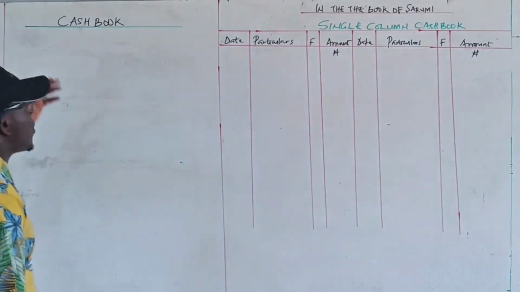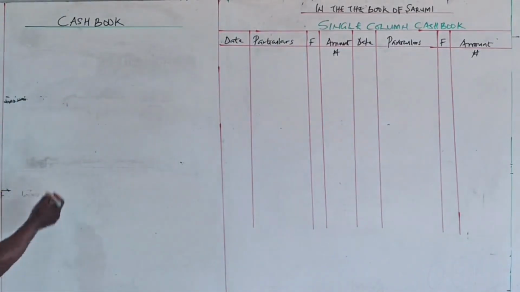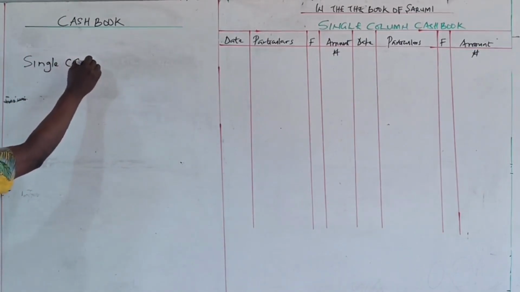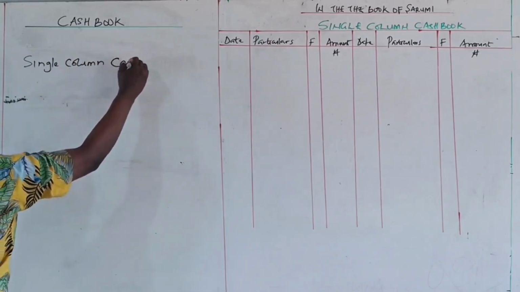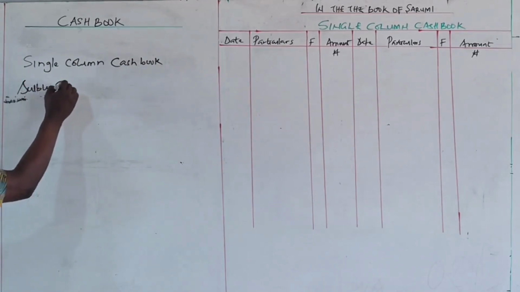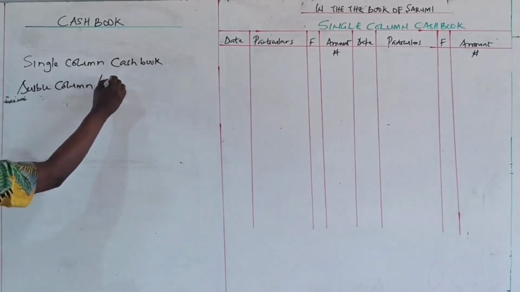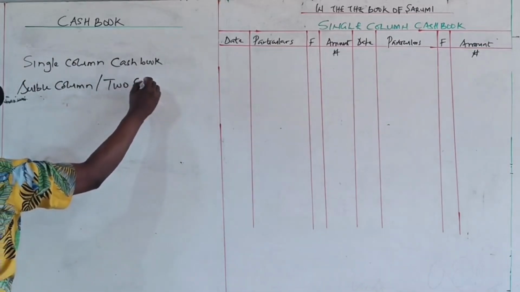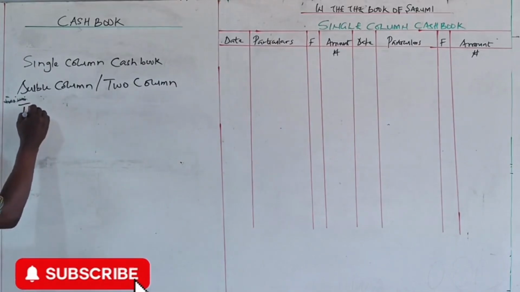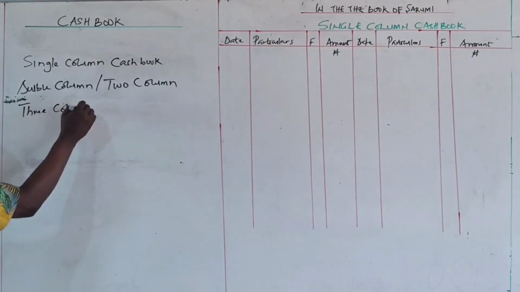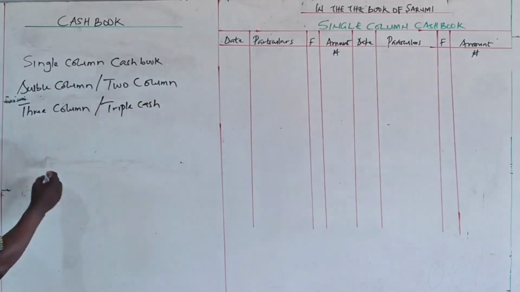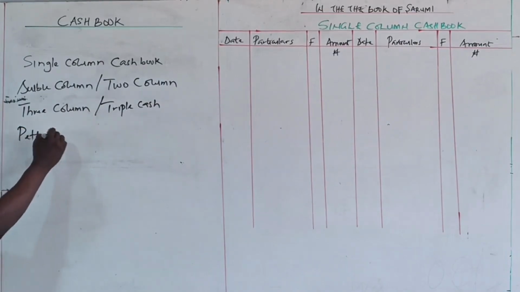Today, we are going to look at the types of cash book. The cash book has the single column cash book, the double column or two column cash book, the three column or triple column cash book, and lastly, the petty cash book.